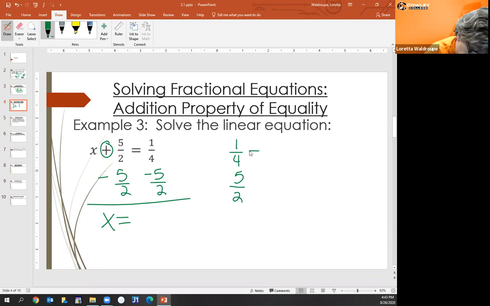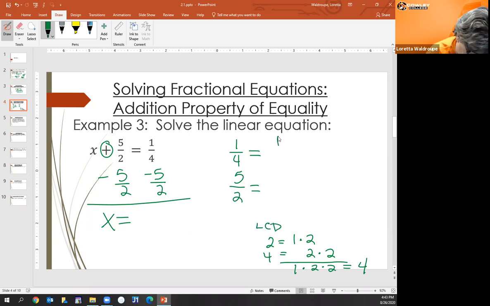So to find the common denominator, you can say 2 is 1 times 2, and 4 is 2 times 2. So my common denominator is 1 times 2 times 2, or 4.